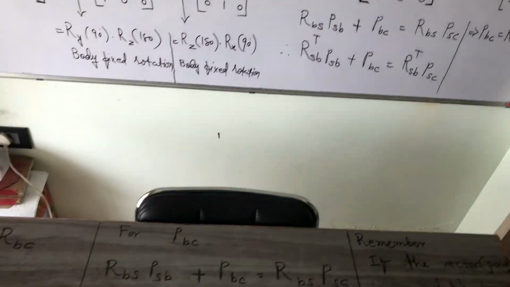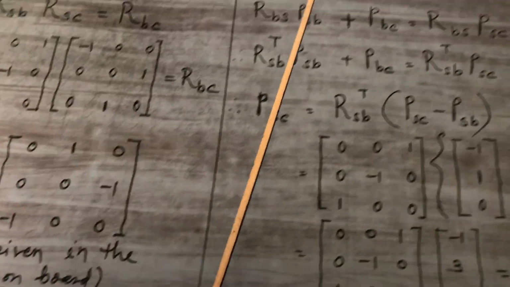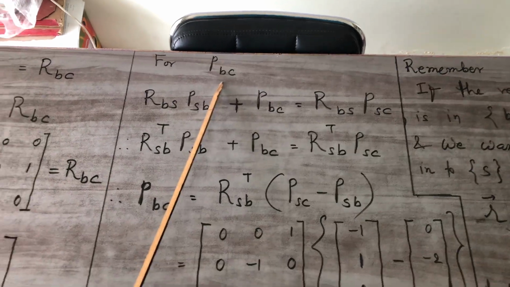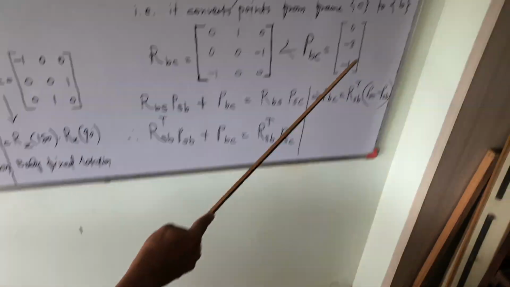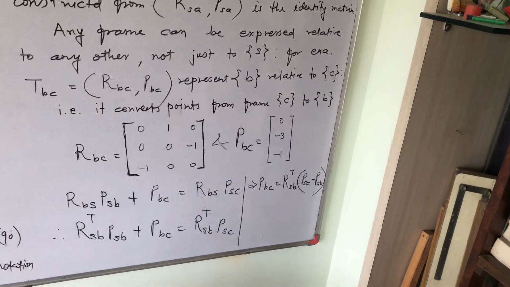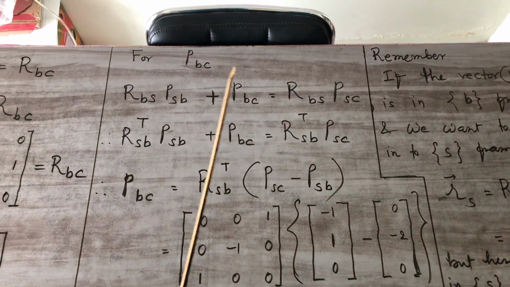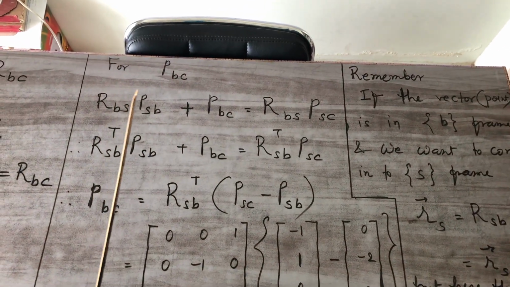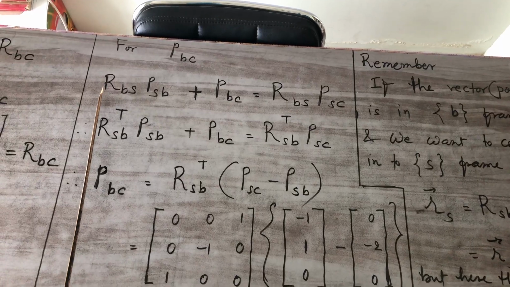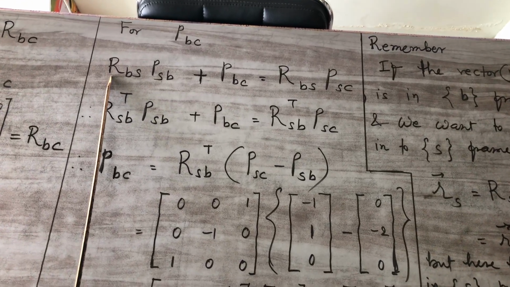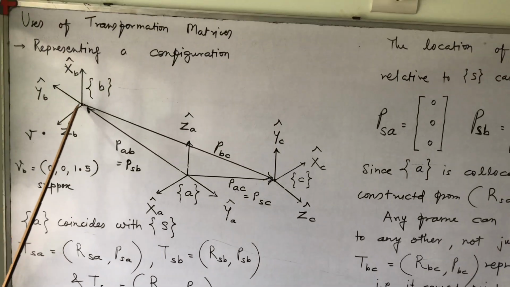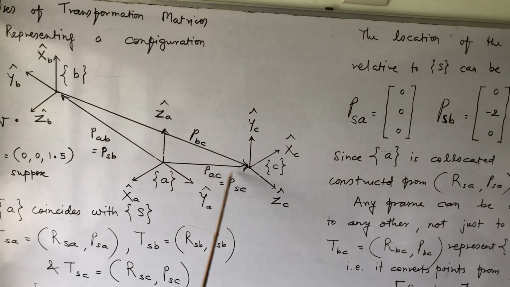Now we want to find P_BC, this one. In the textbook they have not given it. We are obtaining it using the formula for P_BC. So by subscript cancellation rule, see here, this vector plus this vector equals this.